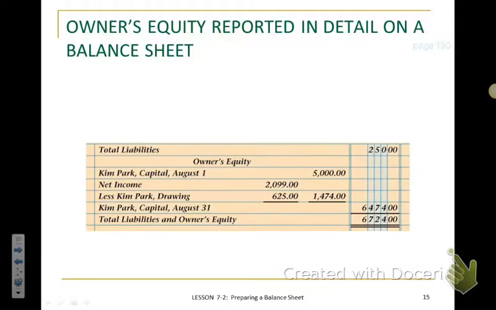So calculating the owner's equity is done by taking our Kim Park capital of $5,000. We're going to add to it the net income, and we're going to subtract from it the drawing, to give us a total of 6,474.